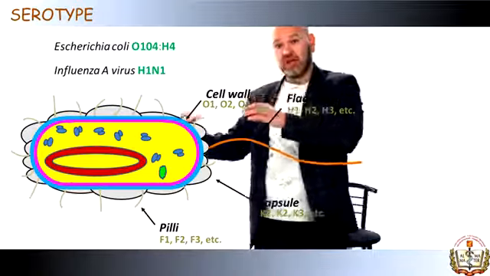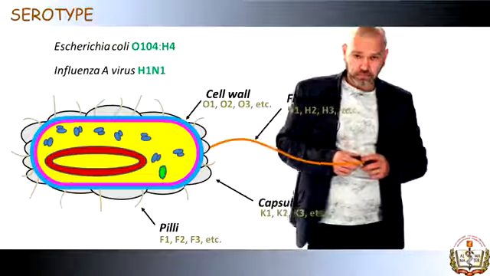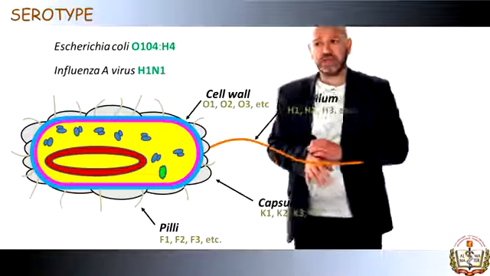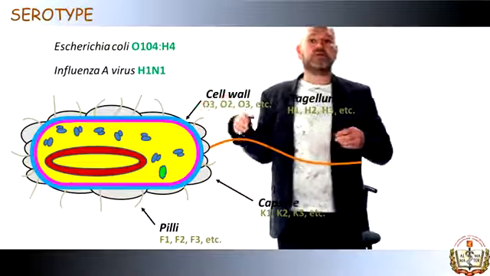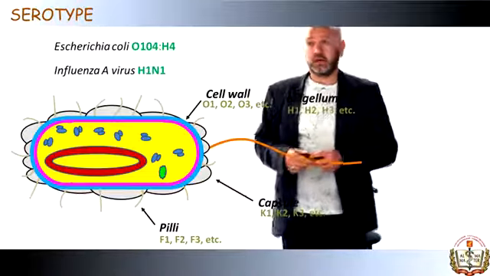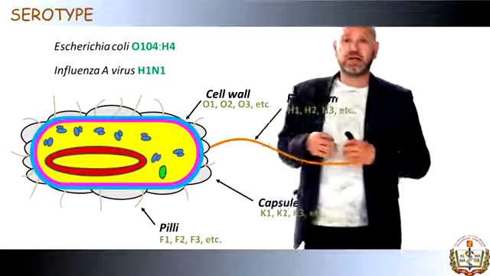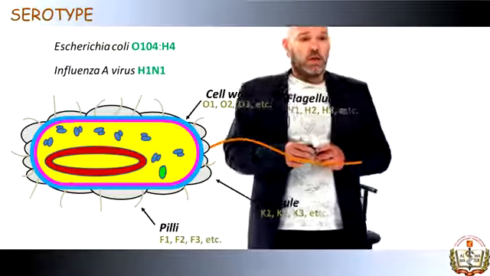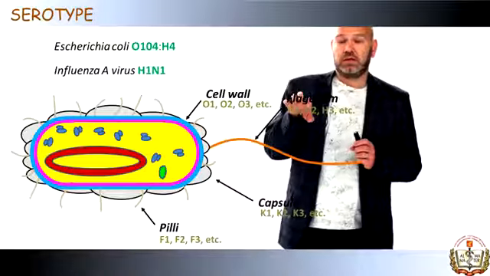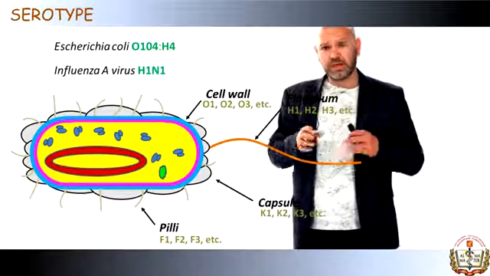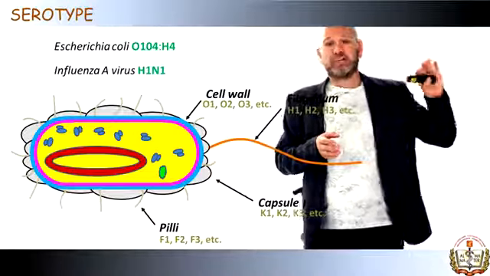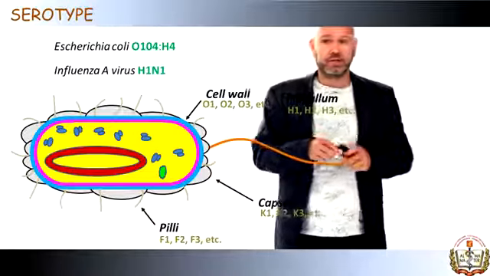A set of antigens will give a serotype. Of course, to determine serotype, you need to use serologic testing. And serologic testing is a wide group of tests. We should analyze it in a detailed manner today, but it is the task of the second part of our lecture, so a little later.